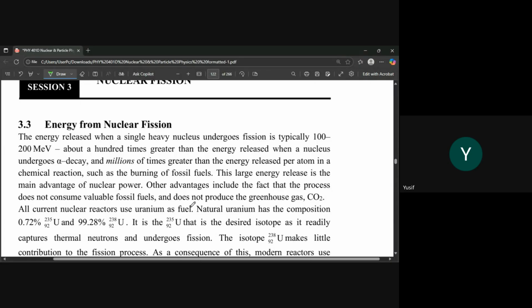All current nuclear reactors use uranium as fuel. Yes, because uranium is the common one that can undergo fission reaction, and if it undergoes fission, you can stop it, because immediately you stop feeding it with a neutron, you are stopping the reaction.